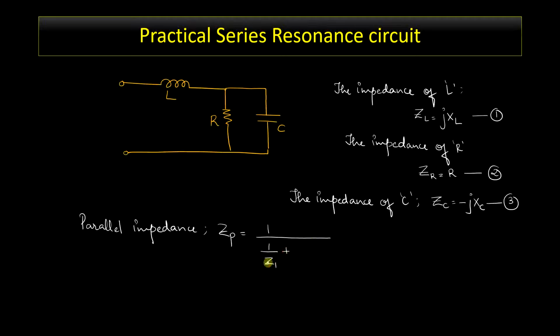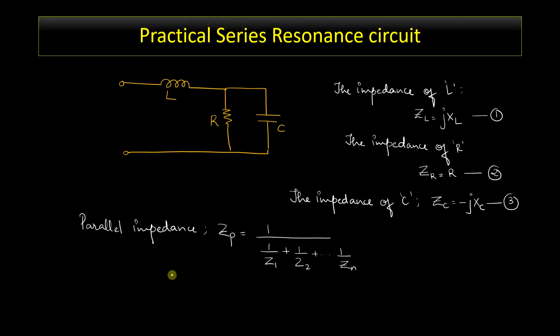So you have 1 by Z1, 1 by Z2, plus so on till 1 by Zn. So if you have n number of branches connected in parallel, this is how you compute the parallel impedance.